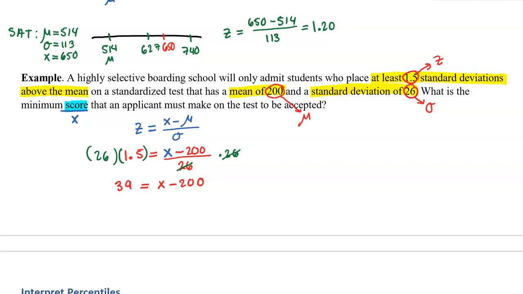So the next thing to do would be to add 200 to both sides so that we can isolate x. So then we have 239 equals x. So this means that the score has to be at least 239, right? That's going to be the minimum score.